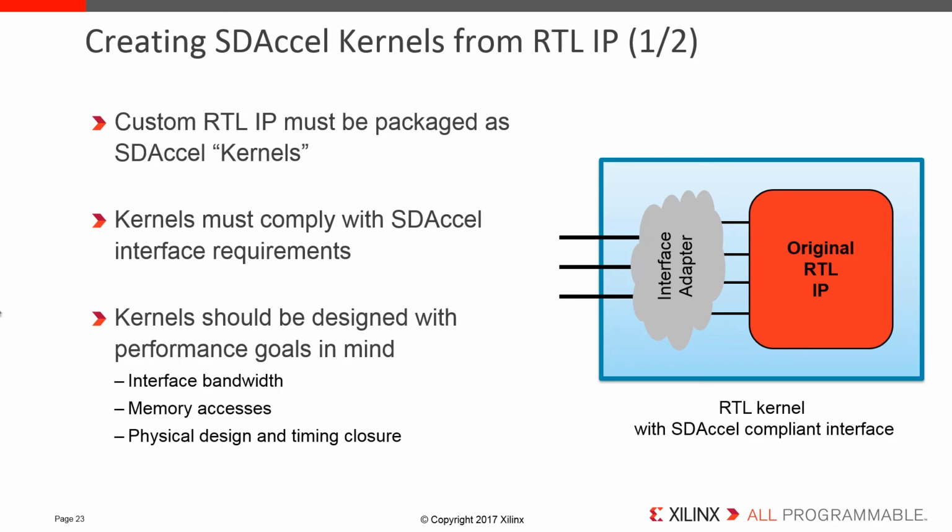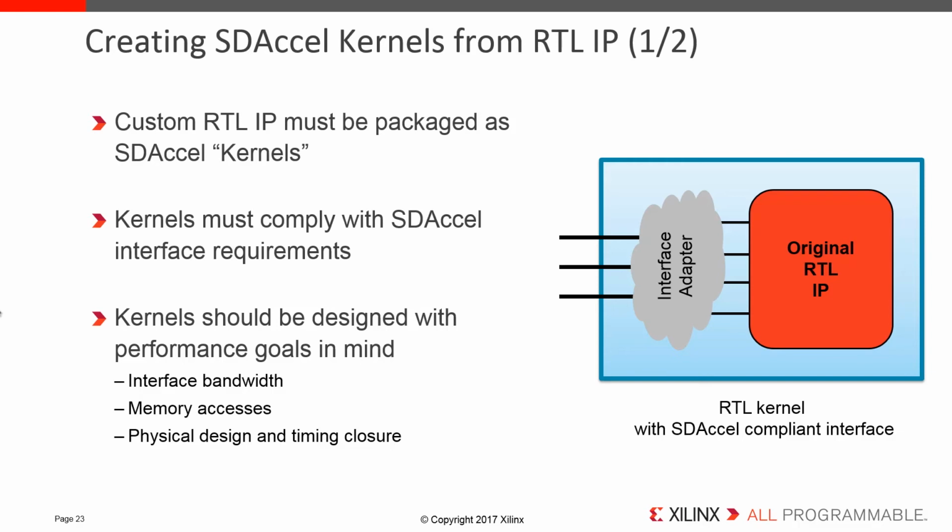As just mentioned, kernels can be created from either C, OpenCL, or RTL code. Let's start by discussing the RTL flow first. This flow caters to existing RTL designers and allows them to reuse existing RTL code as F1 accelerators. To be used on F1, existing RTL code must be packaged as SDAccel compliant kernels.